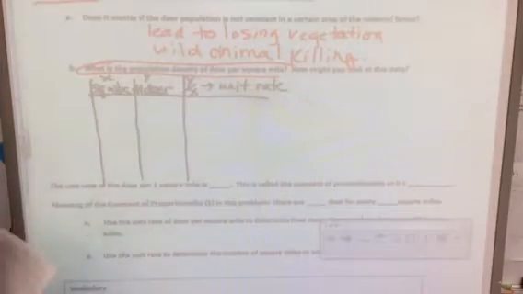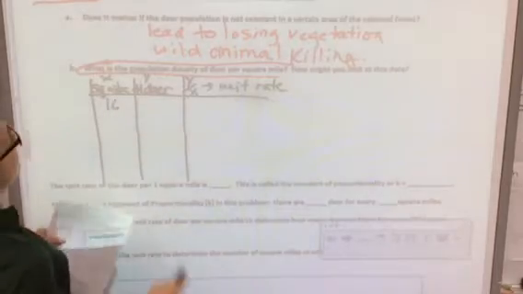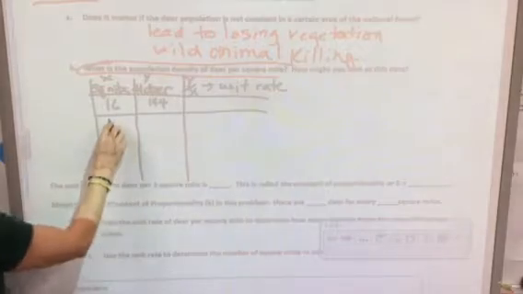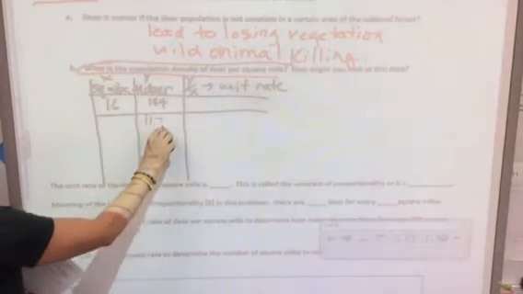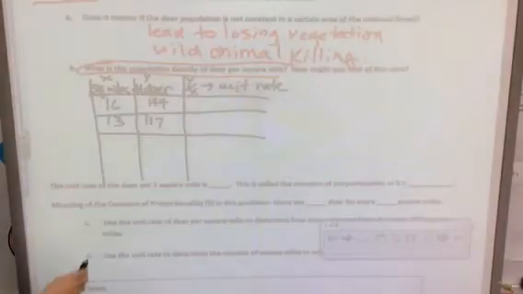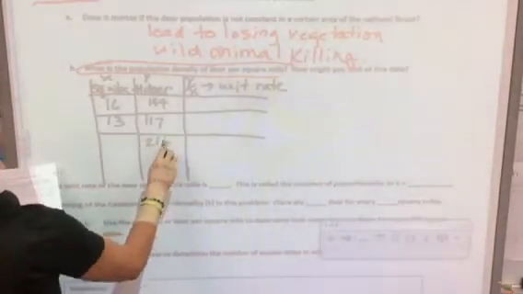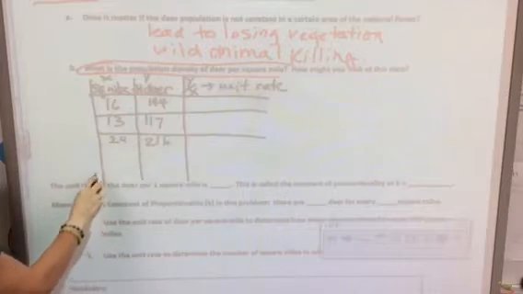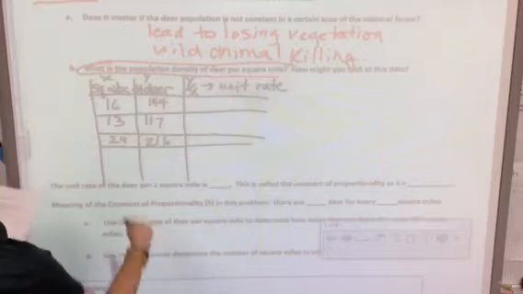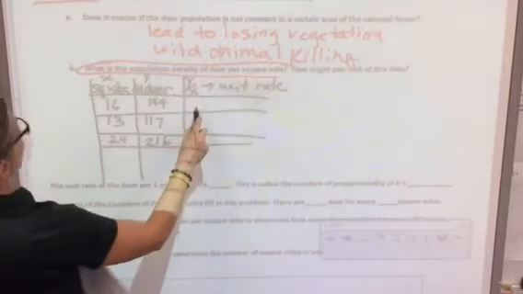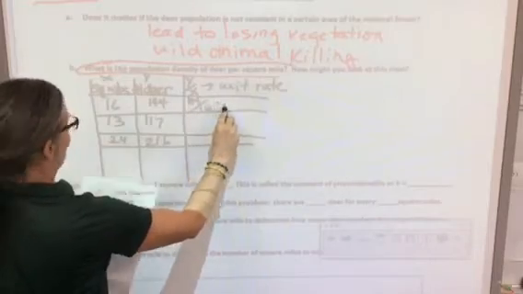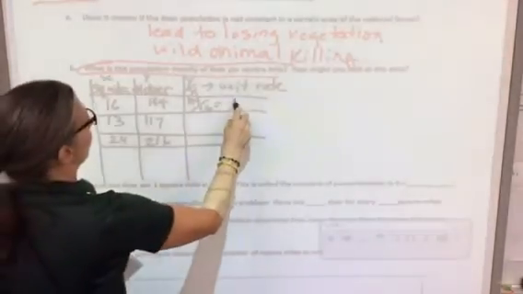All right, so in the number of square miles, we had 16 square miles, 144 deer. We had 117 deer in 13 square miles. We had 216 deer in 24 square miles. I think that's it. Okay, so when we look at the unit rate, we're going to say y over x, 144 over 16, which is equal to 9 if you divide that out.